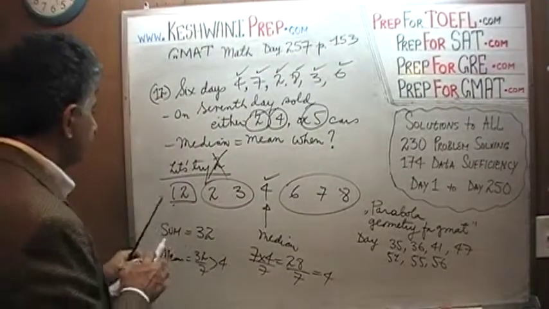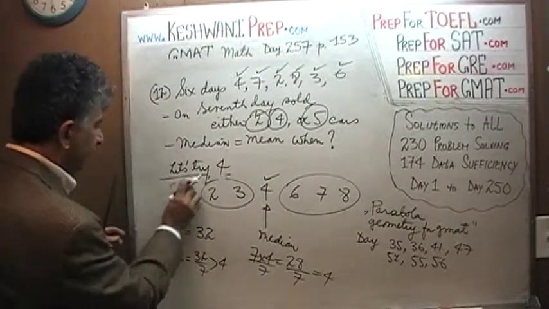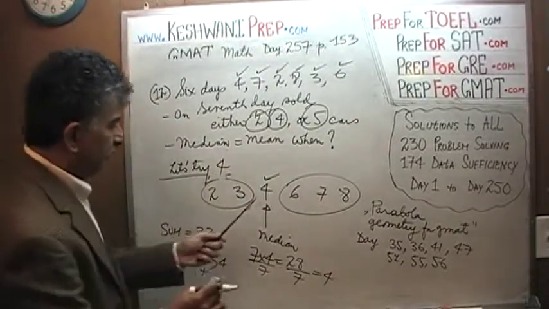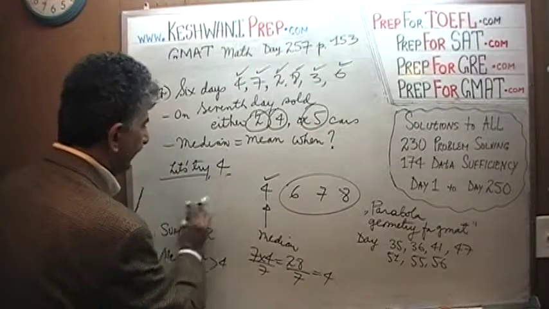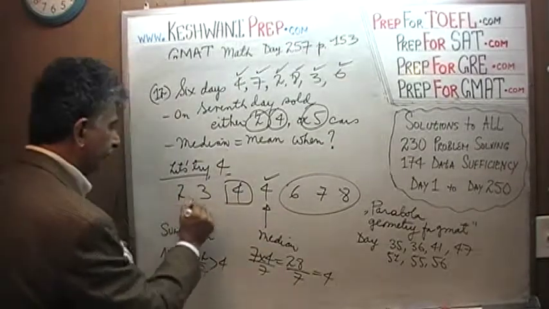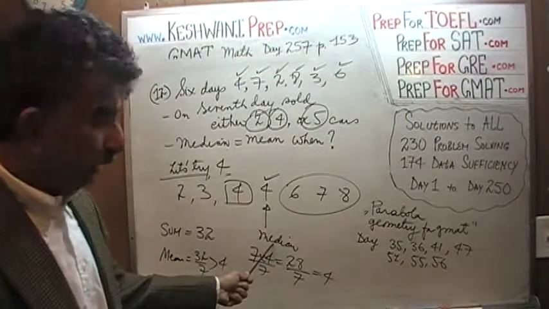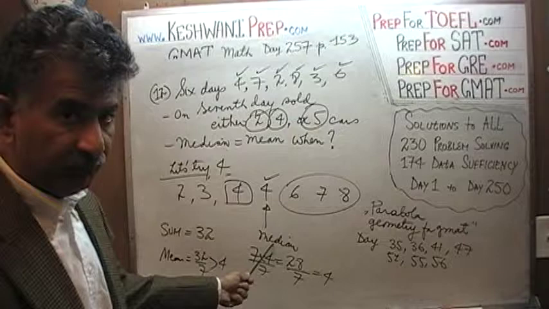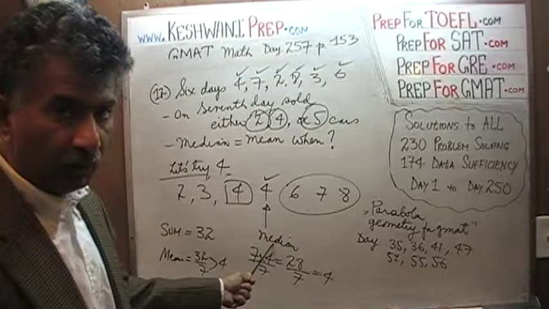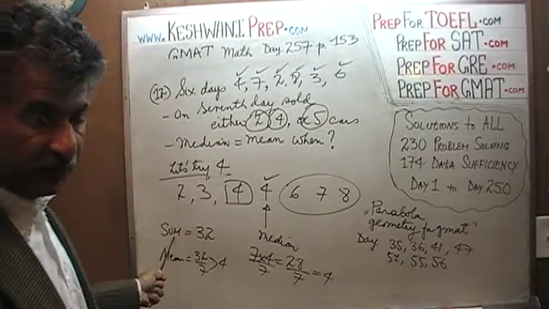Let's try 4. So it's going to be the same as before. We have 2, 3, 4, except we have to insert one more 4. Again, the median is not going to change. The median is the same as before. We don't have to redo all the work. We already know the sum in the previous scenario was 32.